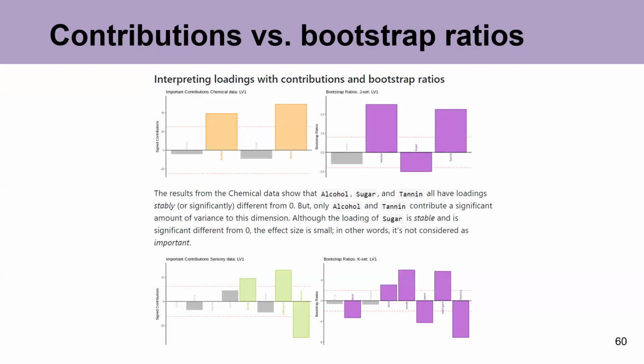So what I'm showing you is that roughly they have similar patterns. They don't always equal each other. But the contributions are really showing you the effect size. And I think this is what you want to show in your results. The significance is just telling you how significantly different from 0 these bars are.